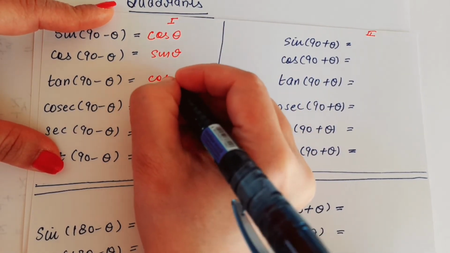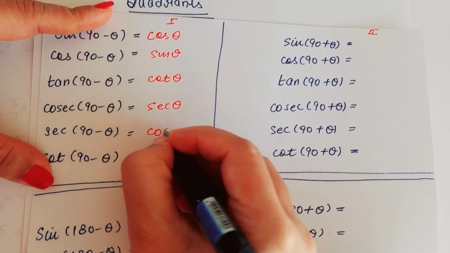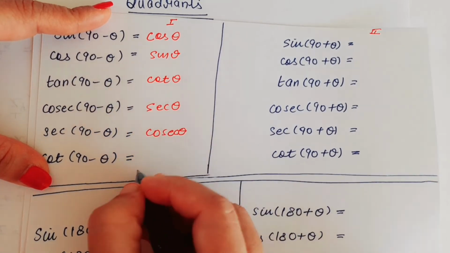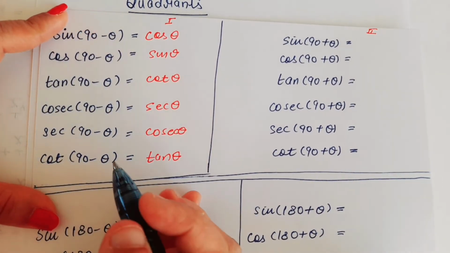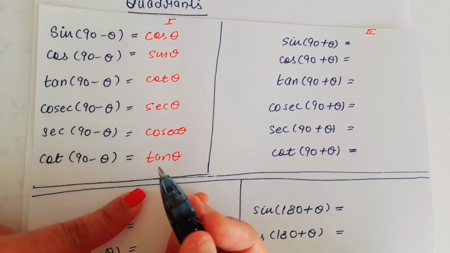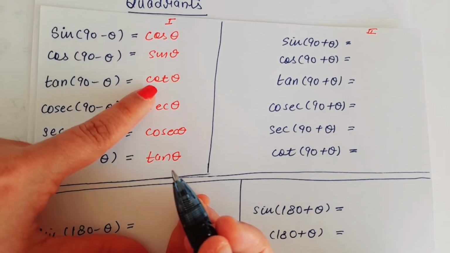Tan will change into cot theta and cosecant into sec theta. Secant into cosecant theta, cot into tan theta. We just need to see the signs now, because we know that sine will change into cos, cos will change into sine.